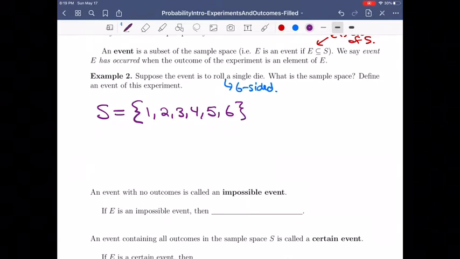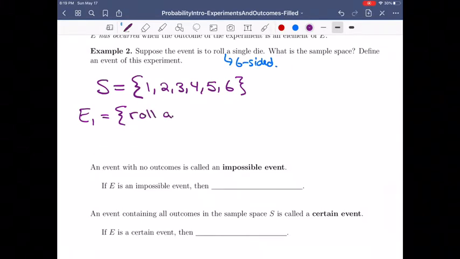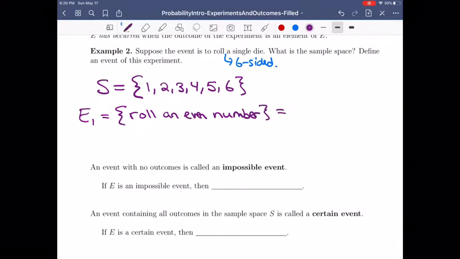Now we want to define an event for the sample space. You can do this in a variety of ways. I'm going to do a couple here to show you. I'm going to call it E1 for event 1. Maybe it's the event that you roll an even number. Then E1 would contain the outcomes 2, 4, and 6.